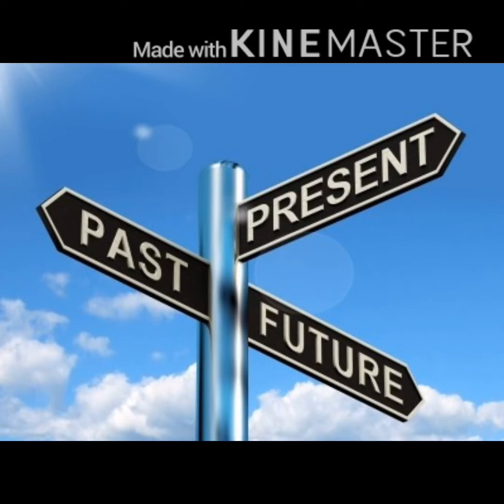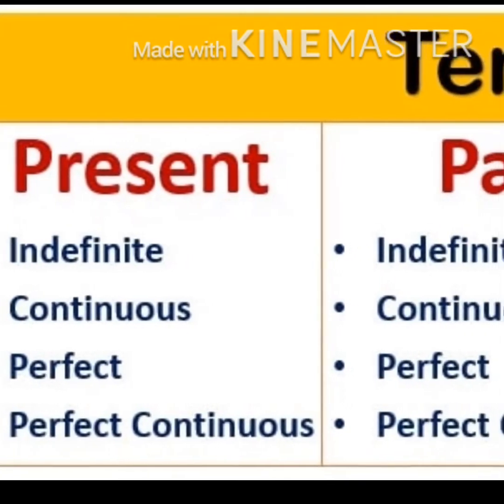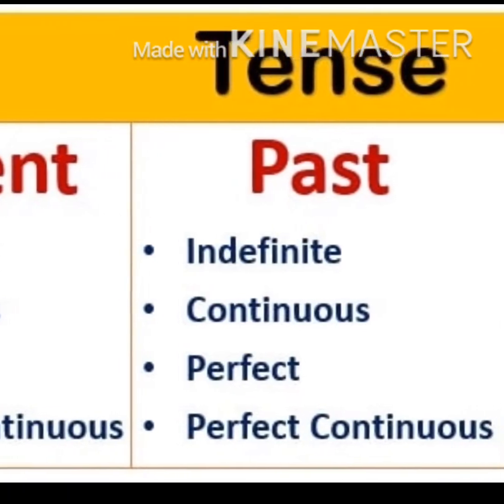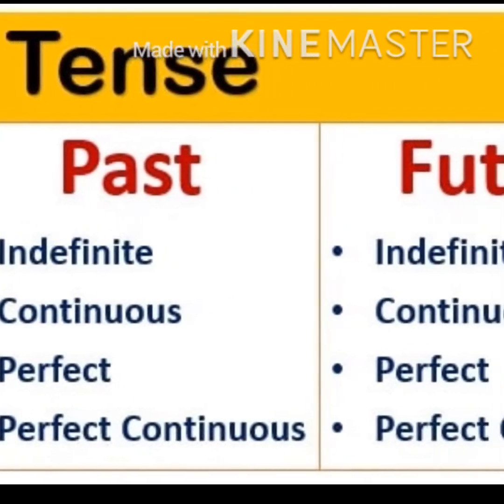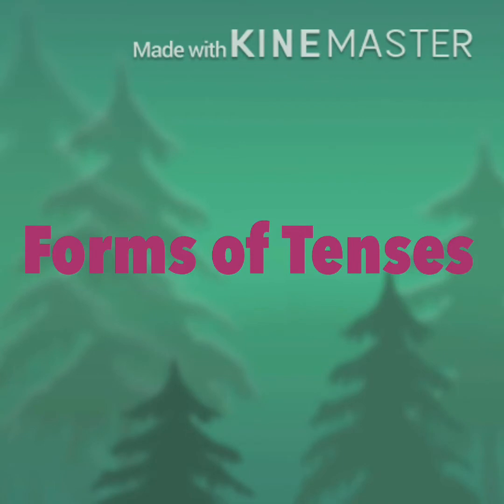Each tense, whether it is in present, past, or future, has its four forms, that is, simple or indefinite, continuous or progressive, perfect, and the fourth one is the perfect continuous. Now, take a look at each form of the tenses one by one.